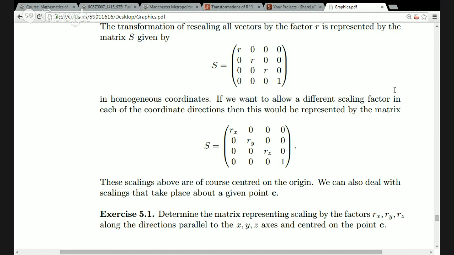In fact, not by those, I need to go by minus each of those. So I want to translate the space so that the point at position vector C goes to the origin. So I want to subtract the components Cx, Cy, Cz from everything. So this is where C is the vector Cx, Cy, Cz.